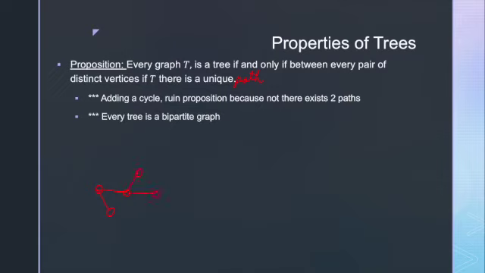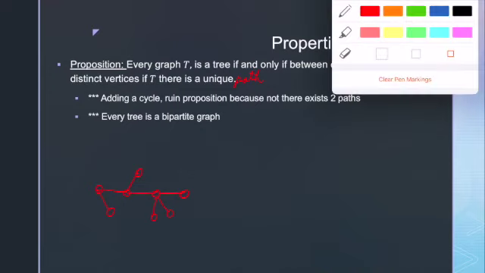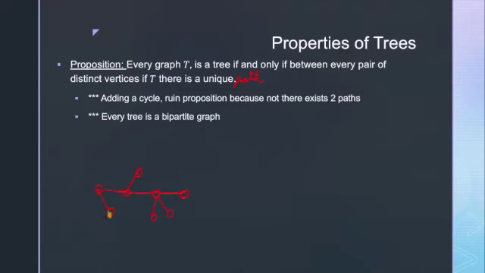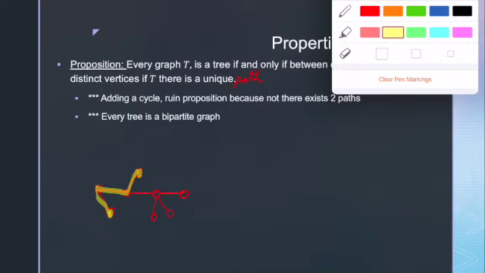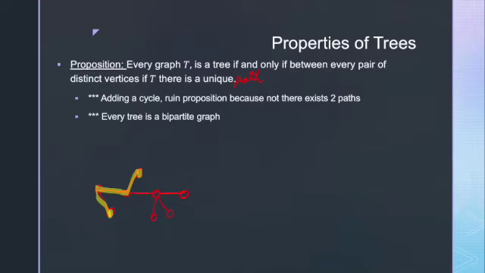So let's go ahead and draw the tree we had on the last slide. He's kind of a funny looking tree, but I like him. He gets the point across. Okay, so let's try and find a path between here and here. As you can see, there's only one path I could take. If this was not a tree and I added another cycle, so let's draw this again.